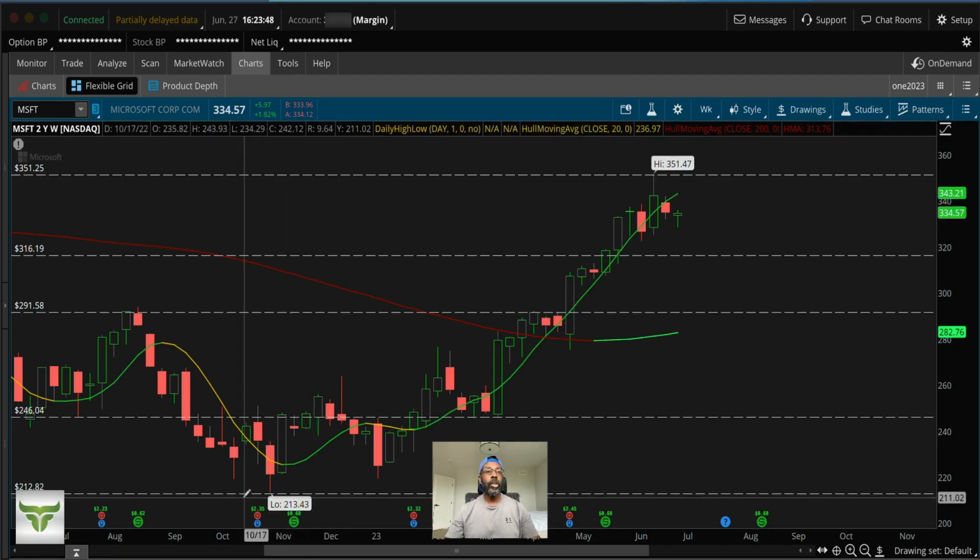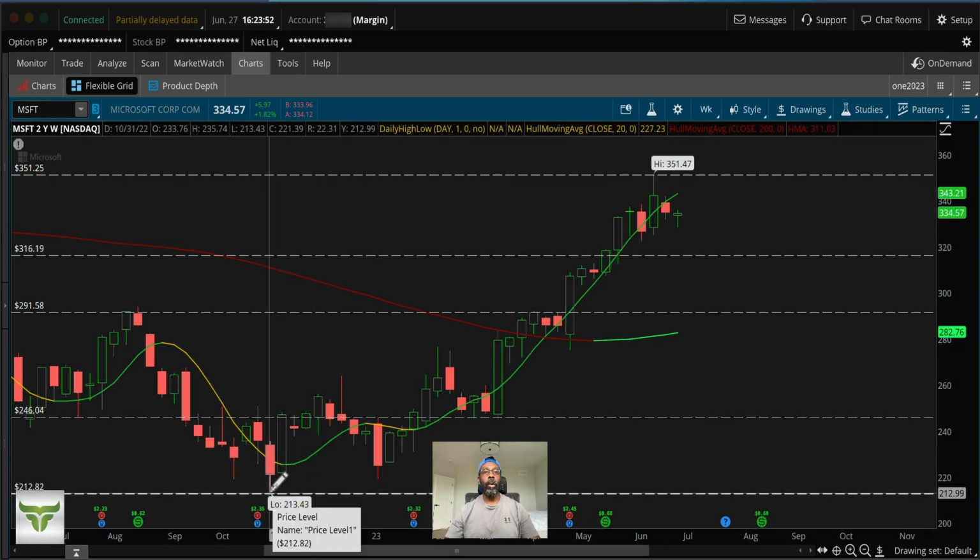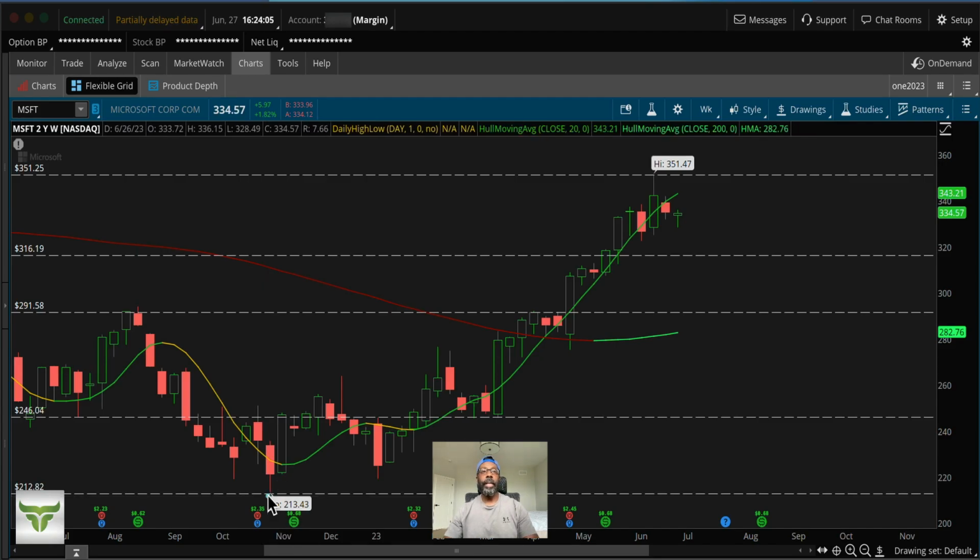So when we're looking at this, this would be a good support level if you were looking at taking this from a long-term trade angle, as a long-term investor. You'd be looking at getting in right around here, because now there's very little downside for you to be taking. Where's all the risk?